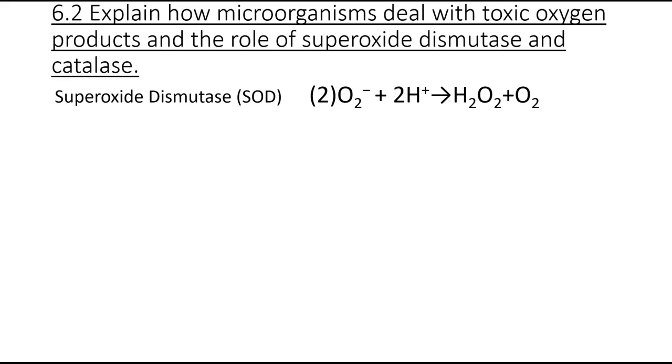And electrons want to stick to other electrons. They want to get involved with other electrons and create bonds. So when you have these free radicals, they interact with other organic molecules, and they disrupt them. They damage DNA, they damage proteins. And so you have to neutralize these oxygen free radicals.